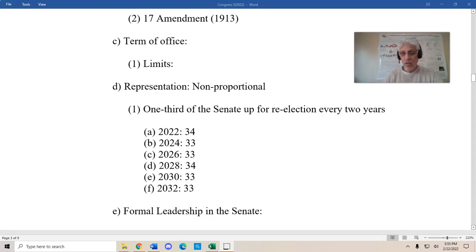Then in 2028, everybody who was elected in 2022 will be up for re-election. Everybody who was elected in 2024 will be up for re-election in 2030, and everyone elected in 2026 will be up for re-election in 2032.